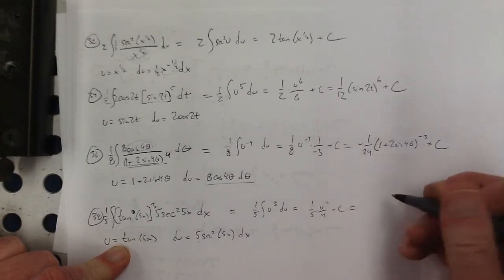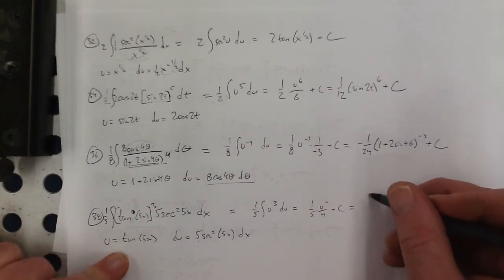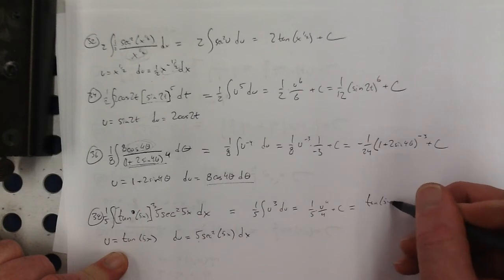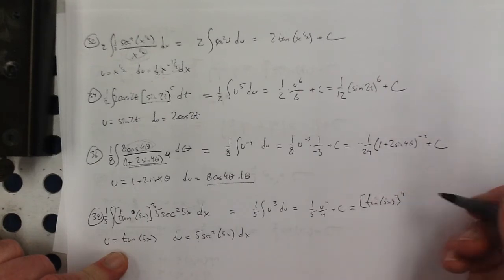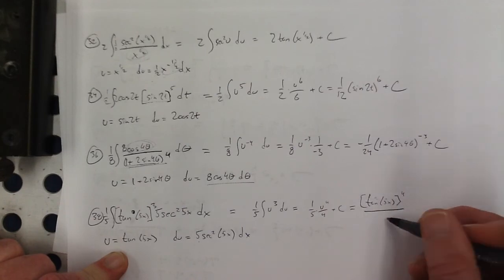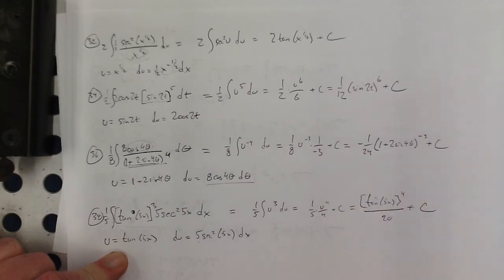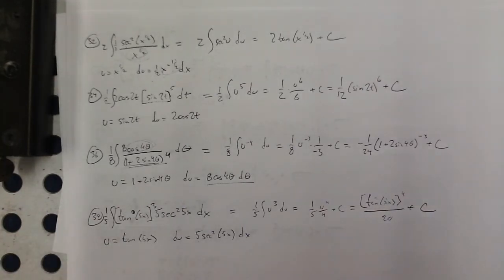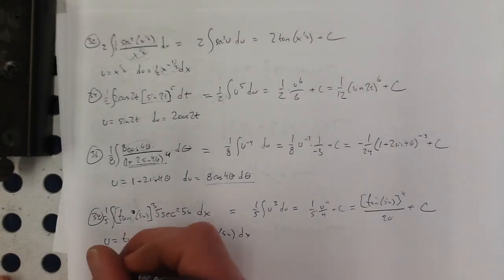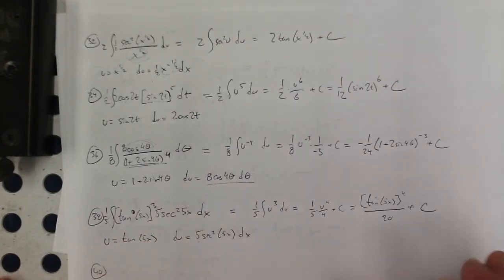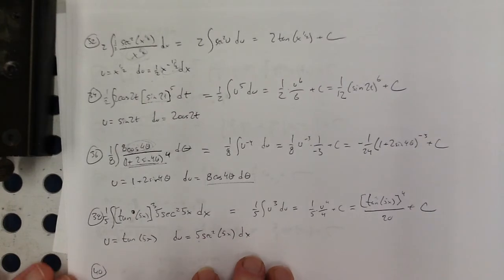Don't forget to add c. U to the 4th, you can put the little 4 there if you want to, over 20 plus c. All right. Home stretch, maybe.